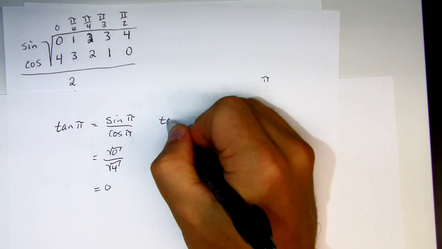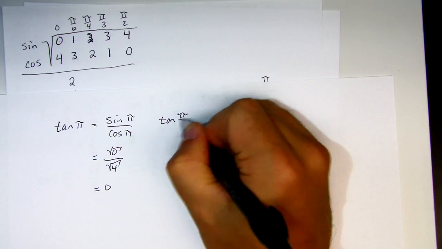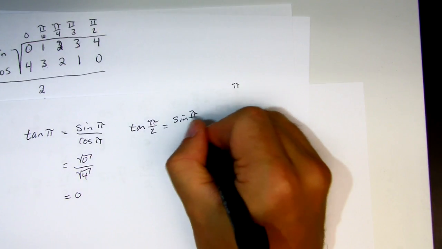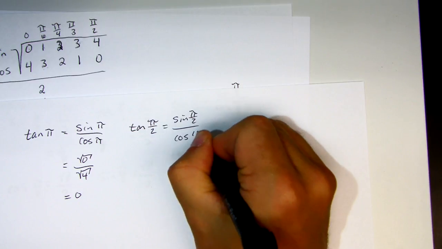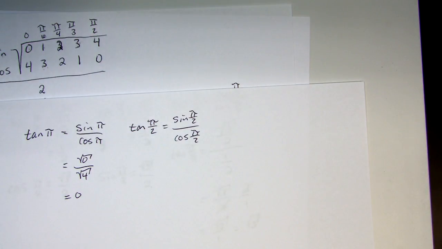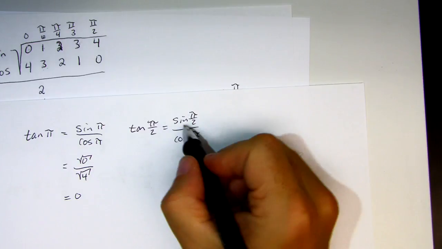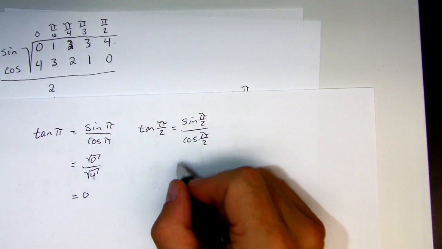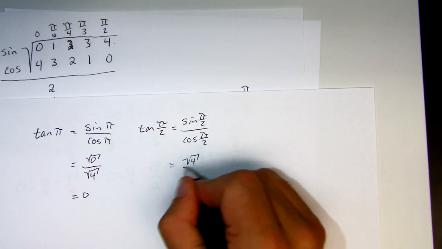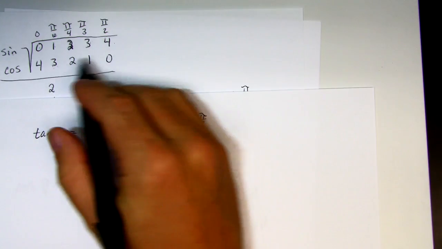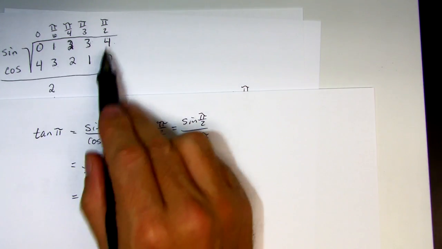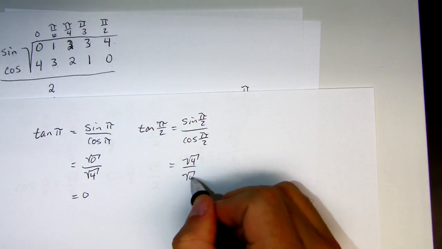Now let's try tangent of pi over 2. Well, that's equal to sine pi over 2 divided by cosine pi over 2. And sine of pi over 2 would be radical 4 over 2. So we just do the top, so that's radical 4, divided by cosine of pi over 2, which is radical 0.